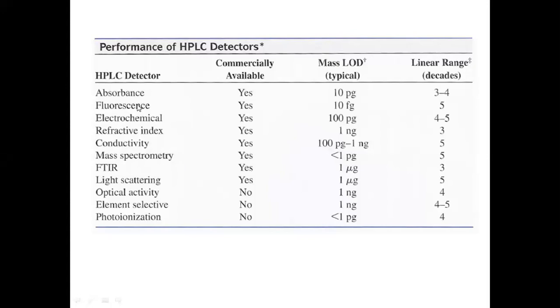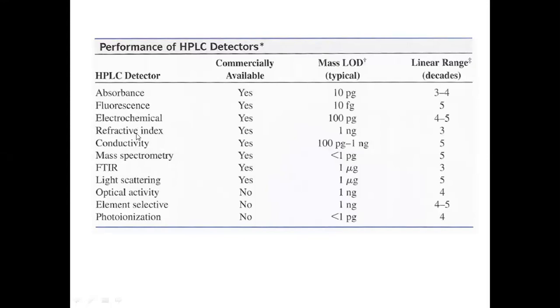So absorption detectors, fluorescent detectors, and refractive index detectors are the most commonly used detectors for HPLC. Out of these three, because each and every compound will possess its own refractive index, this detector is almost called the universal detector for LC.